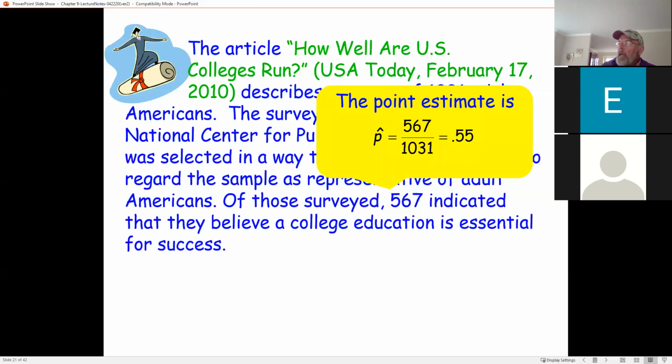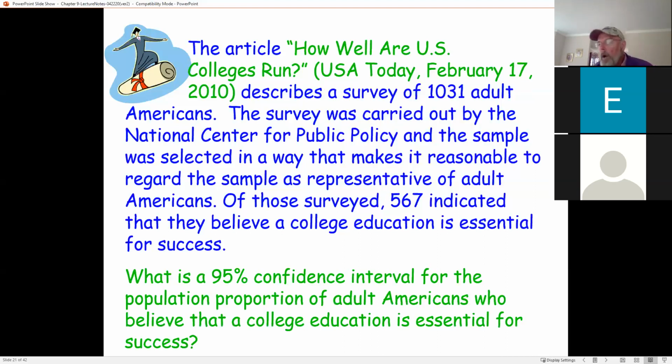So the p hat is 567 over 1,031, and the proportion there is 0.55. What is the 95% confidence interval for the population proportion of adults in America who believe that a college education is essential for success?